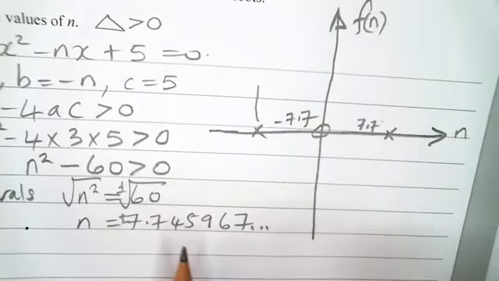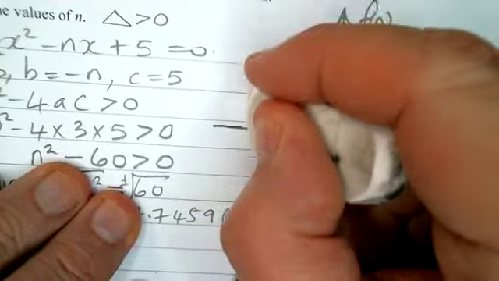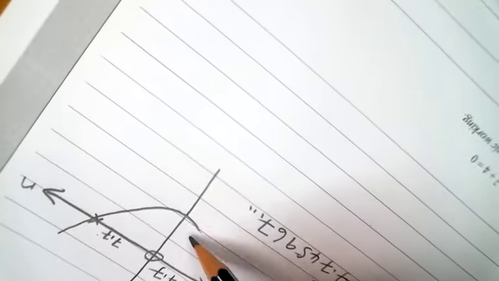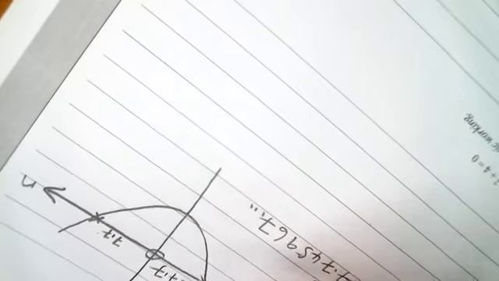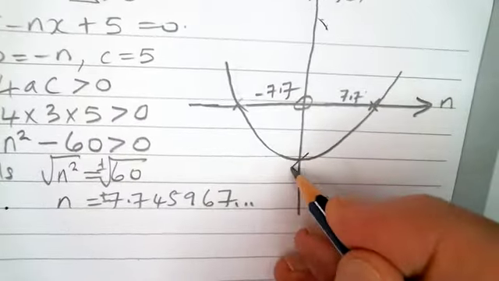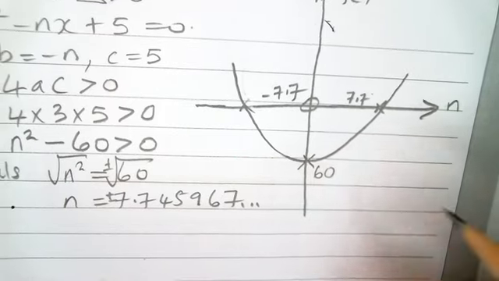Actually, I'll try and draw it a little bit better, in a way which is going to reflect what's about to happen. Sorry, I'm going to turn this upside down. I have to draw it like this. Now, that may look like a weird way of drawing it, because obviously this goes down a long way, and there's our 60.